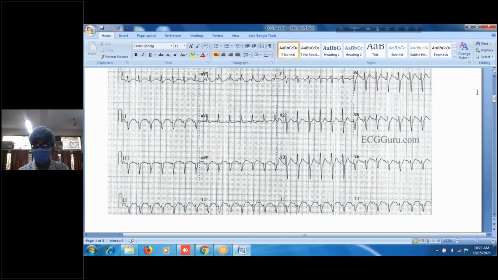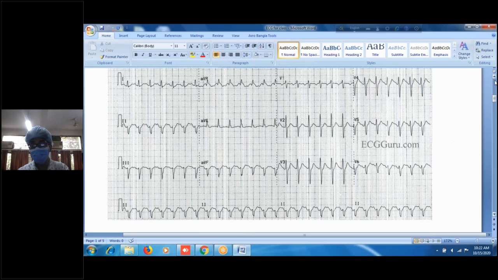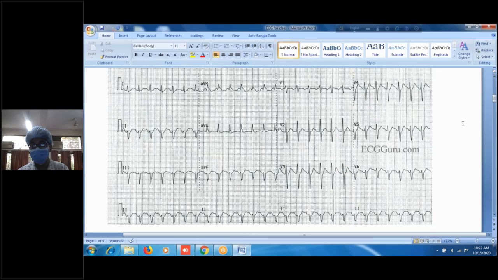The confusion arises with this SVT, whether it is a sinus tachycardia or not. This question may be asked: how do you differentiate this SVT from sinus tachycardia?